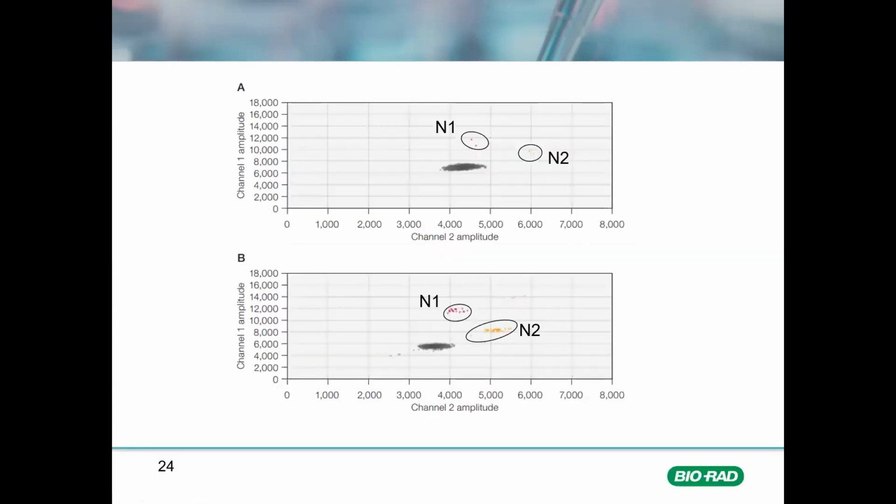Now, looking at some results for some other examples where we're at very low concentrations, so down near the limit of detection, you can see that in A, we only have 4 positive droplets, 2 droplets that are positive for N2 here, and 2 droplets that are positive for N1.